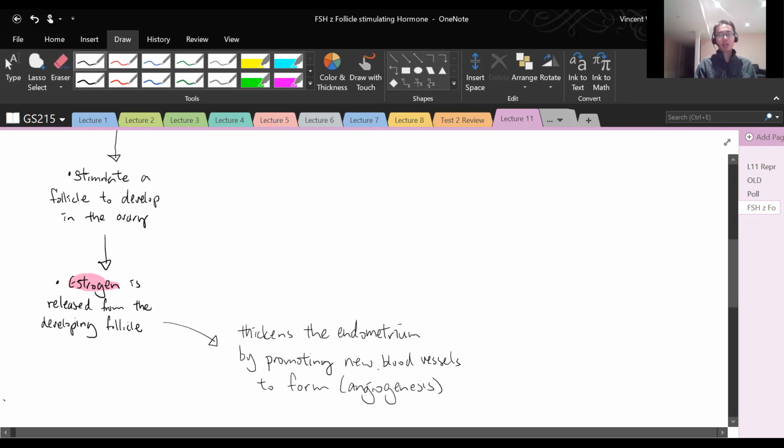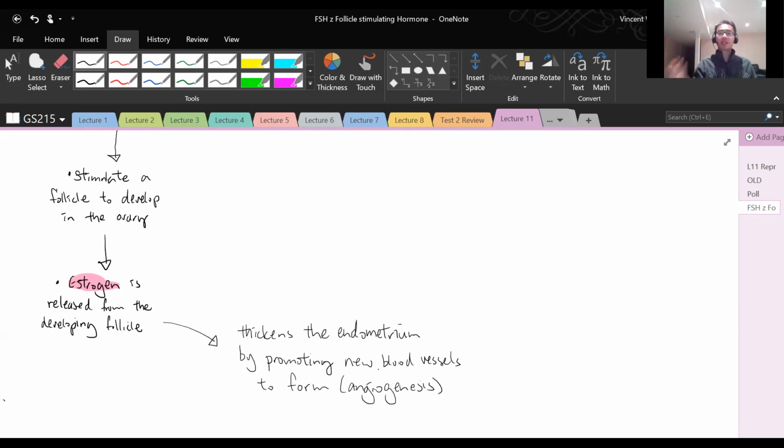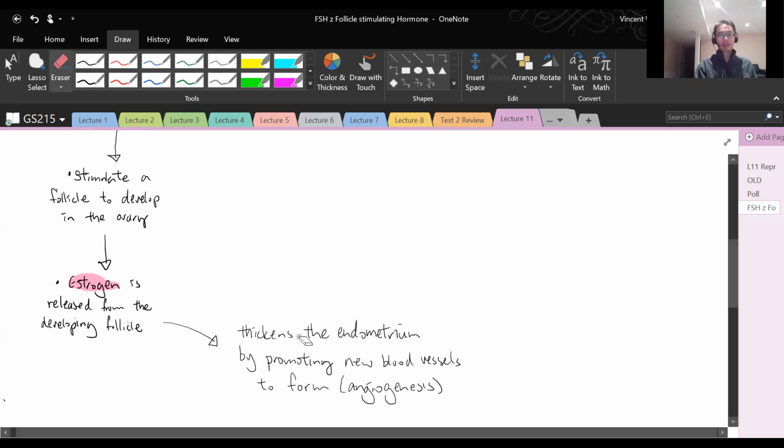So this will help thicken the endometrium. It will lay the groundwork for potential pregnancy, because that's where the baby's going to implant, right? In the endometrium. The endometrium is again the inner lining of the uterus.